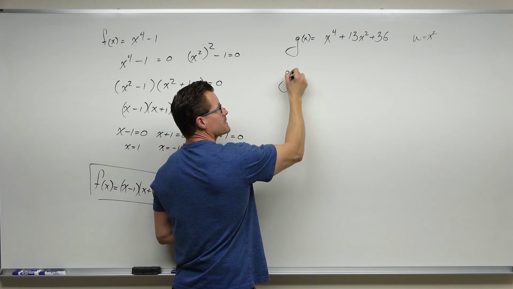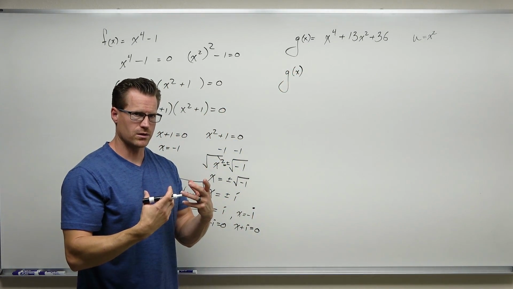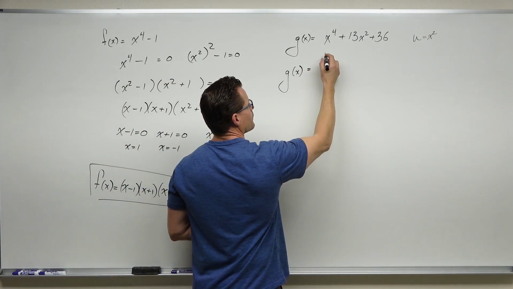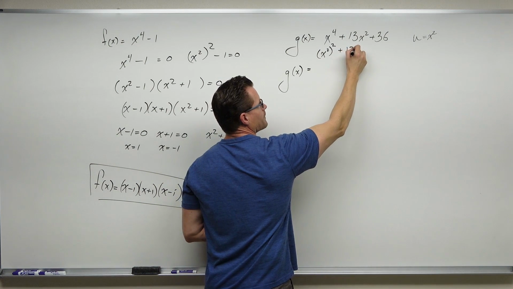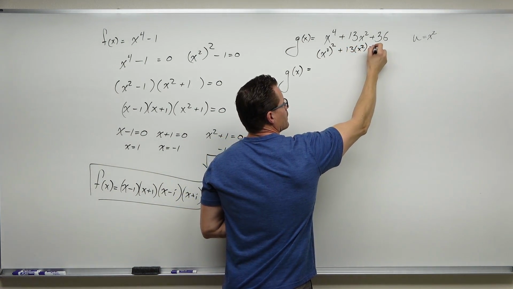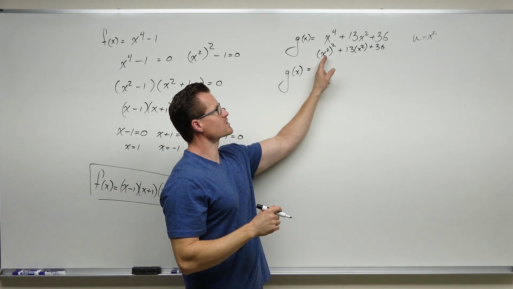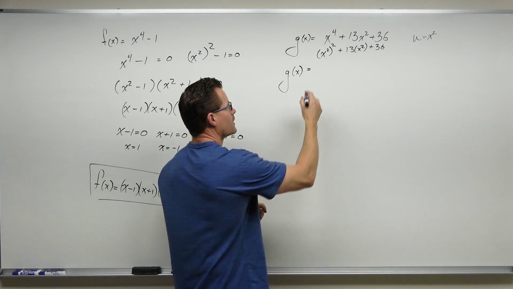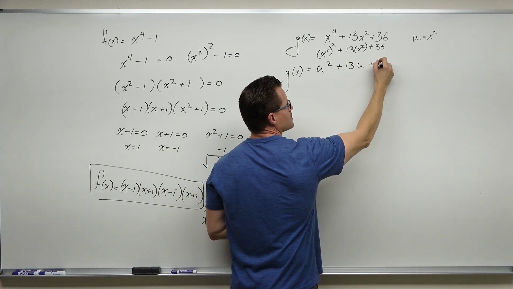And what that means is that x to the 4th would become x squared squared, or u squared. Remember, x to the 4th is x squared squared, plus 13x squared. So we can call this x squared and that x squared this u, some dummy variable. So u squared plus 13u plus 36.